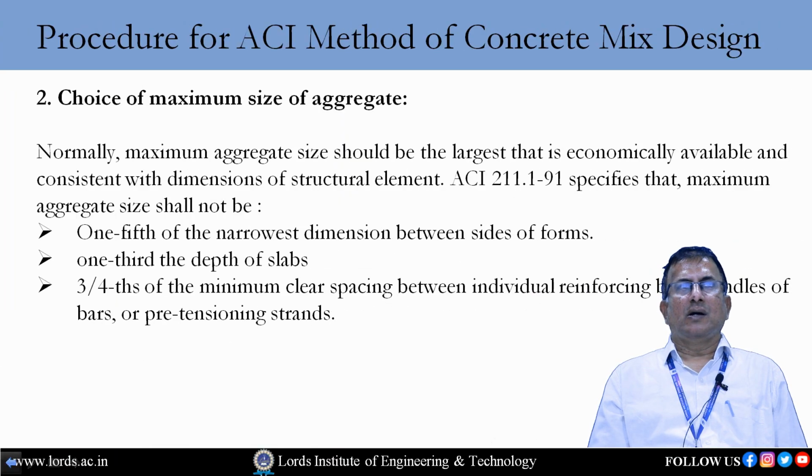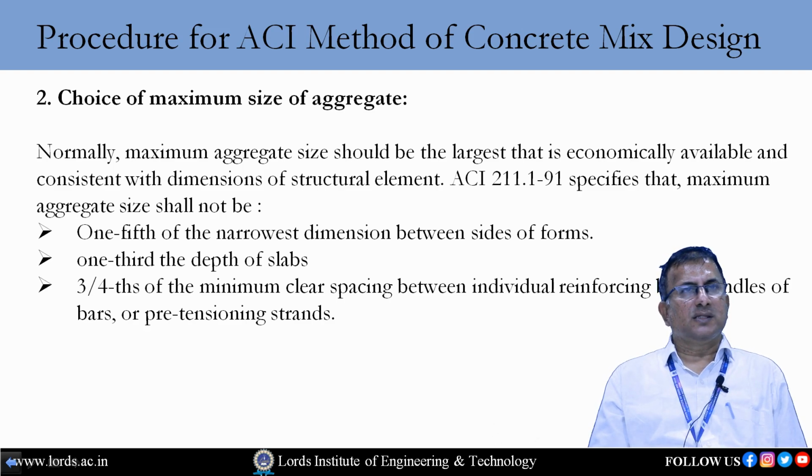Now coming to the maximum size of the aggregate. Here ACI 211.1 specifies some guidelines to choose the maximum size of the aggregate. First, one-fifth of the narrowest dimension between the sides of the forms.